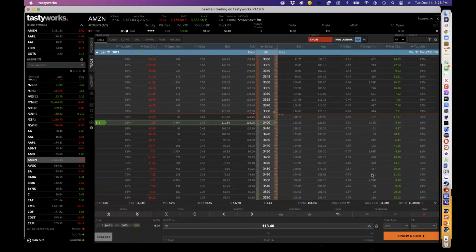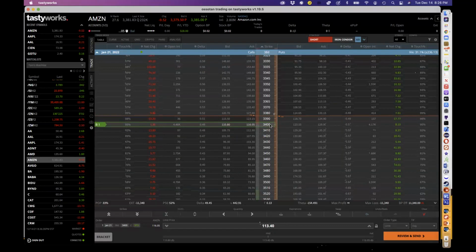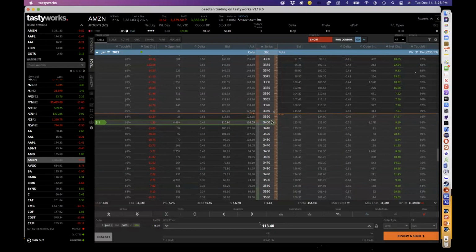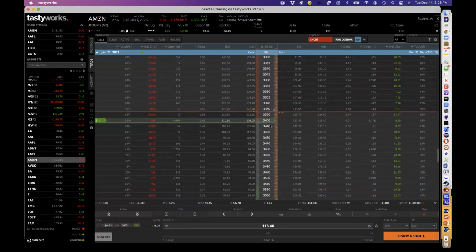Working. So if you buy this contract here, and Amazon goes all the way to 3,440 and stops here, that's your profit margin. Why risk that much money only to make like $40 per share here?